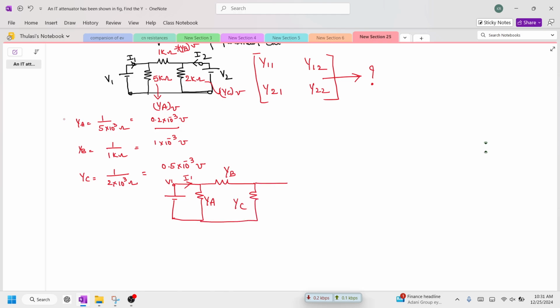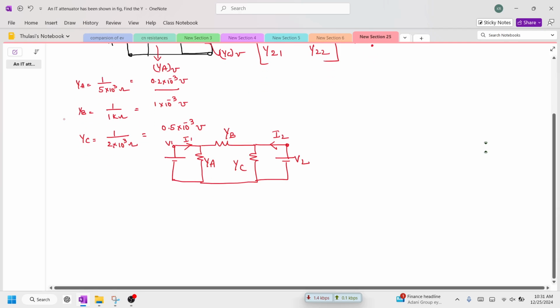And here we are going to have V2 voltage at this point and the current in this branch is I2. So now this is the given problem. From this we have to find out y11, y22.